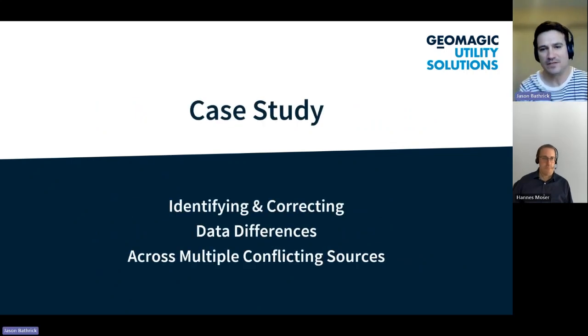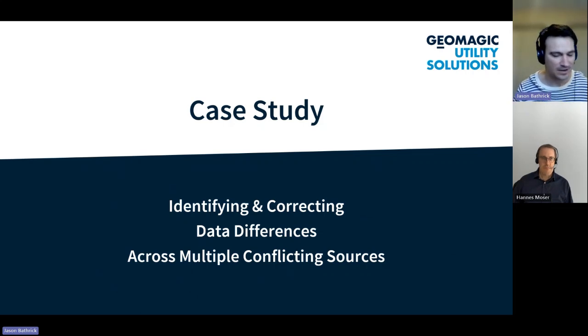So today we're diving into a growing challenge in the utility sector: managing data across multiple systems. The real problem comes when these systems aren't properly synced, and one system gets updated but the other doesn't. This creates major alignment issues, leading to discrepancies and problems down the line.